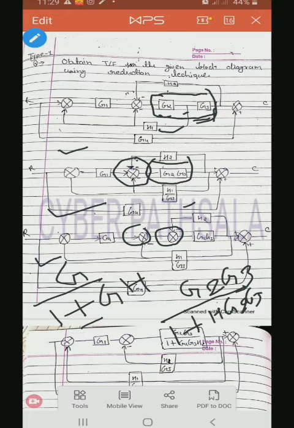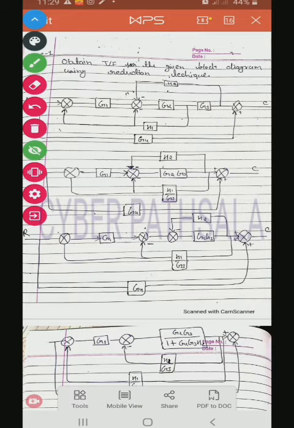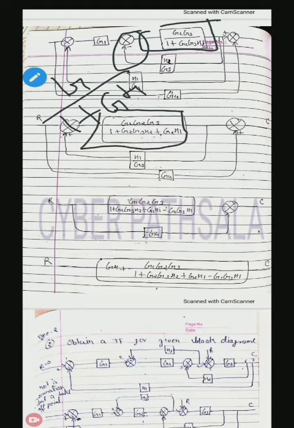So we reduce the block diagram into a single block. For the feedback again, we use the formula G upon 1 plus GH, and you will get this single block. Point to note here: in the next step you have the positive feedback, so the formula is G upon 1 minus GH.